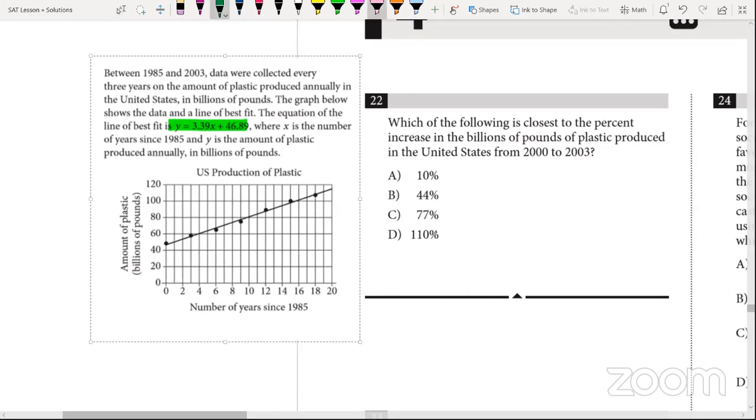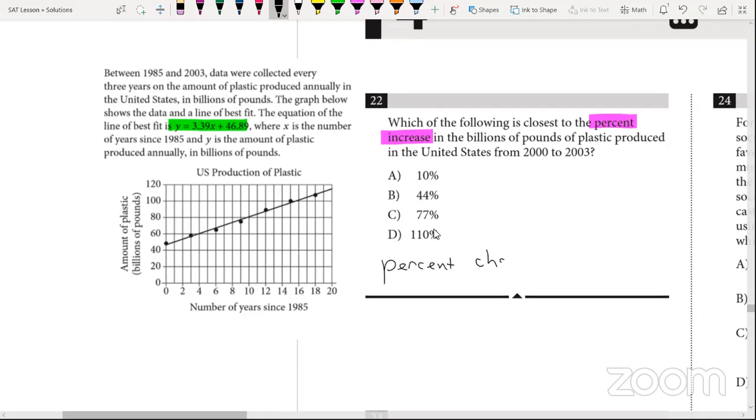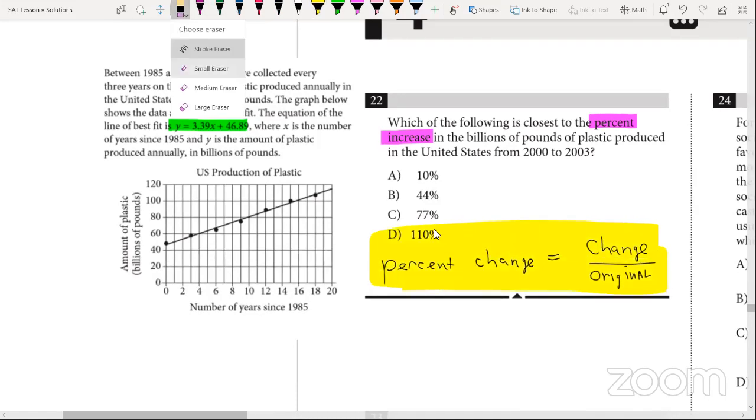So percent increase is a loaded phrase. It's the idea of percent change. It's a formula that you just can't get certain questions right without knowing. The percent change is the change over the original. The way they teach it in school, it's the same formula, but it just sounds a lot more complicated. But we're looking for the change over the original.